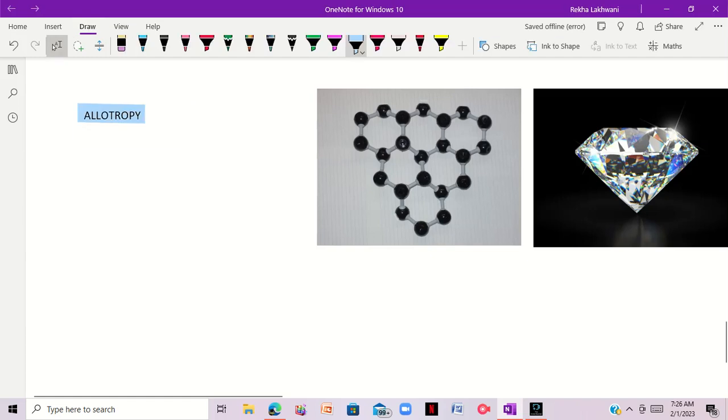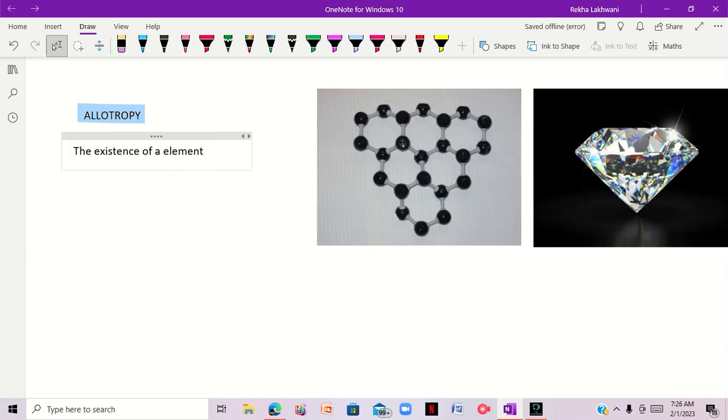Allotropy, or allotropic forms. Basically, the existence of an element in different forms is known as allotropy, right?